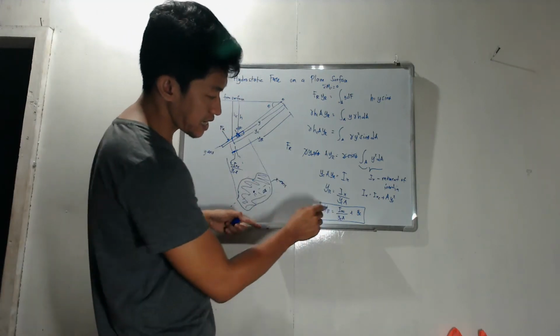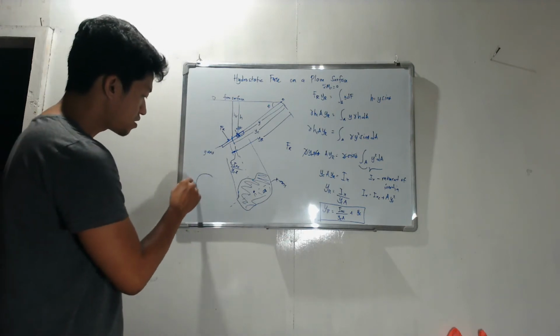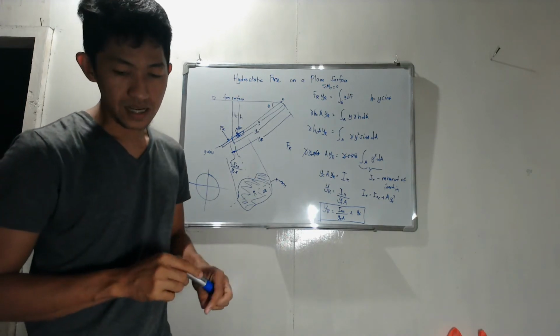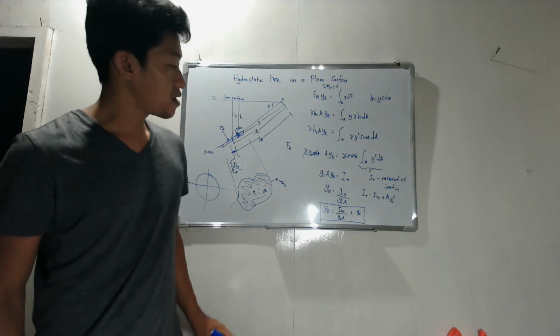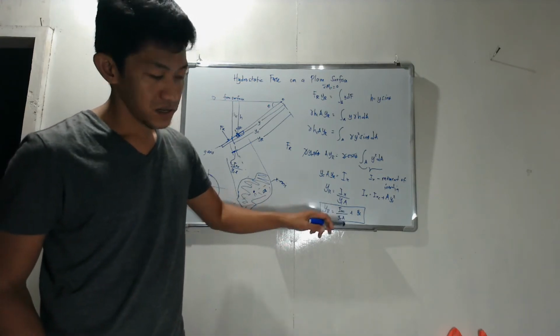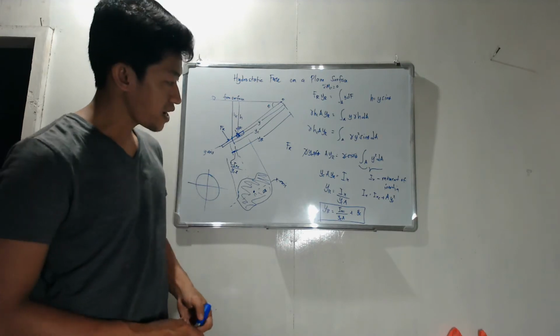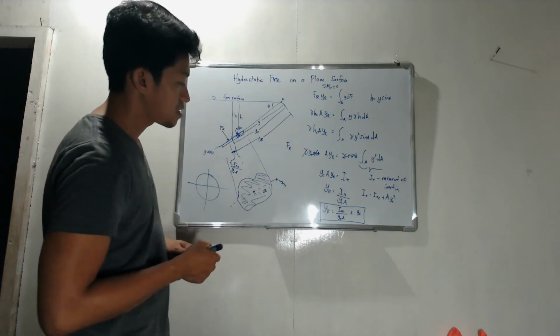The crucial part is this I x c, which is in the table. If it is a circle, that is its value. I will send it in the group chat, it is from the book. In the same way, remember this is y sub r.